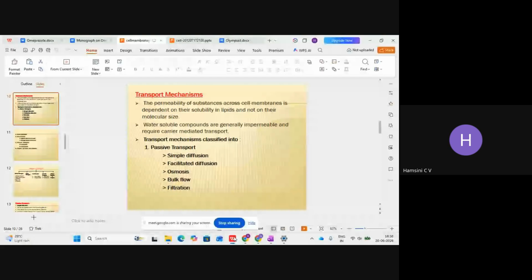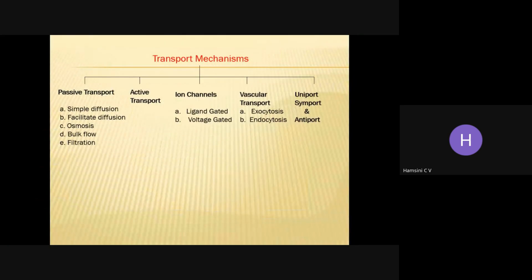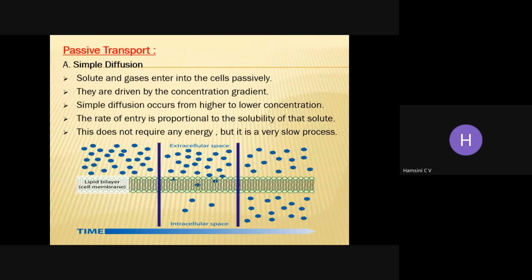Yeah, this was the transport mechanism which I was doing last class. So I had finished with this. So simple diffusion, I told what it is. The process of movement of molecules from a region of higher concentration to lower concentration is called diffusion.